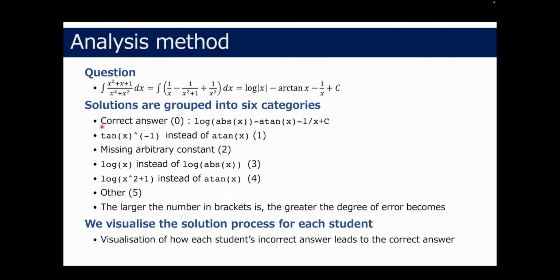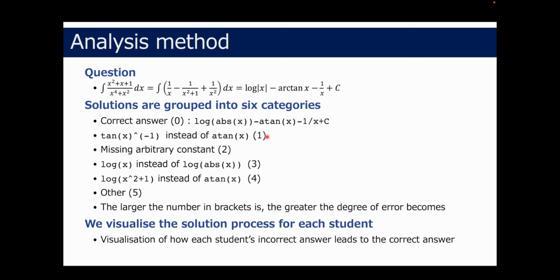For example, degree of error of correct answer is 0. And if arctangent x is mistakenly written as tangent x to the power of -1, it is simply a typing error, and the error level is set to 1, a smaller error level.